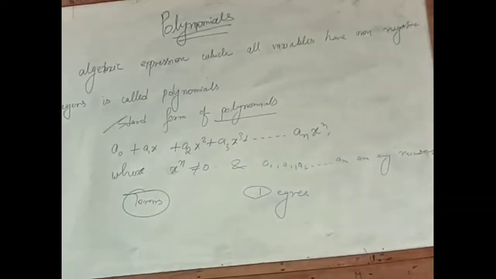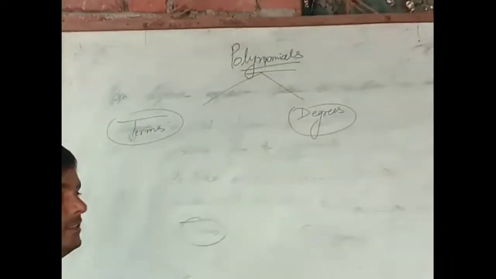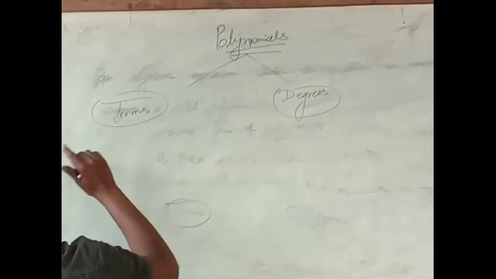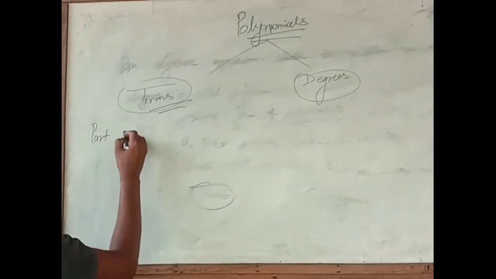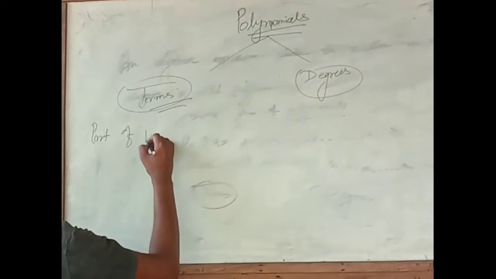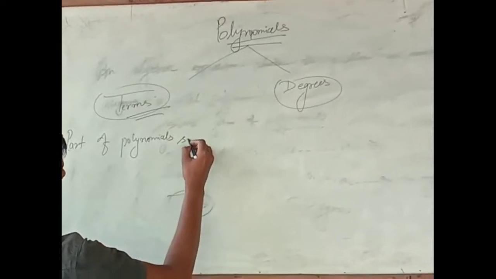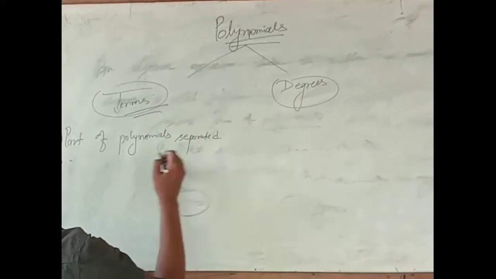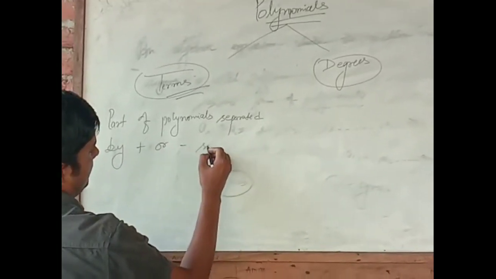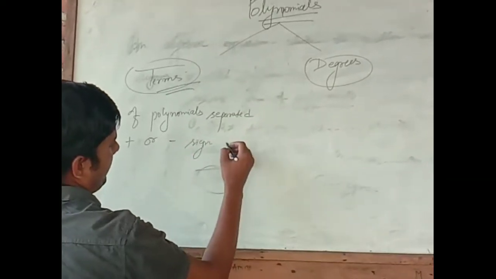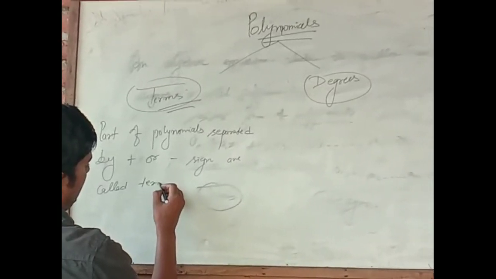First of all, we have to know what terms in a polynomial are. Terms are the parts of a polynomial separated by a plus or minus sign.